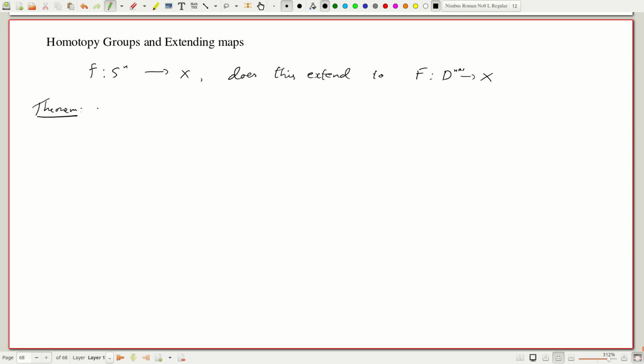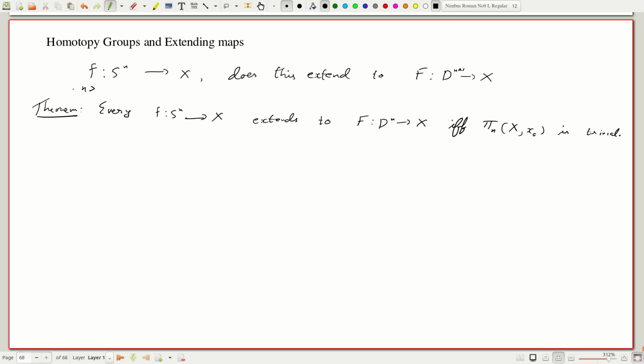So here is the theorem. Every f from S^n, with some base point (I ignore base points for now), to X extends to capital F from D^(n+1) to X if and only if pi_n of X with base point x0 is trivial.